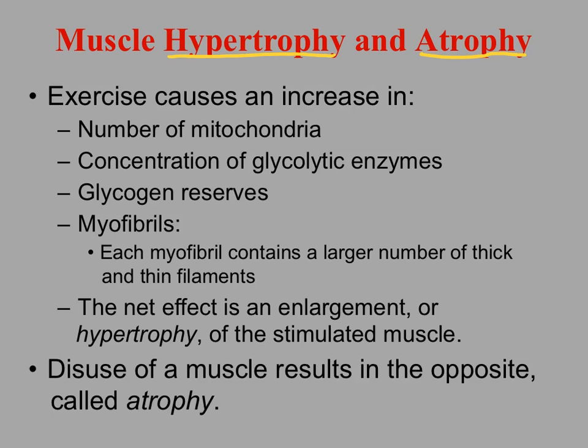The way a muscle gets bigger is each one of the cells that make up the muscle gets bigger. You stuff more things inside of each cell. The cell expands, and if all the cells in a fascicle expand, the fascicle expands, and if all of the fascicles in a muscle expand, the entire muscle expands or gets bigger.